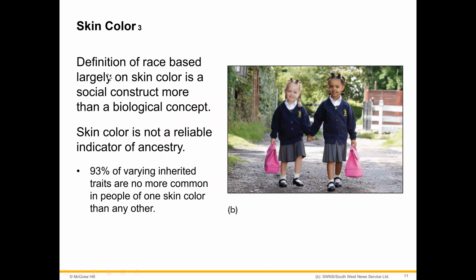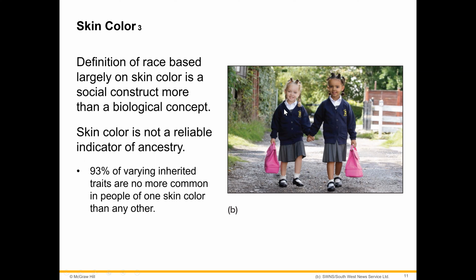So the definition of race based largely on skin color is a social construct more than a biological concept. When we define race based on skin color, that has nothing to do with biology, really. If you look at these girls, they're twins, right? They're fraternal twins.